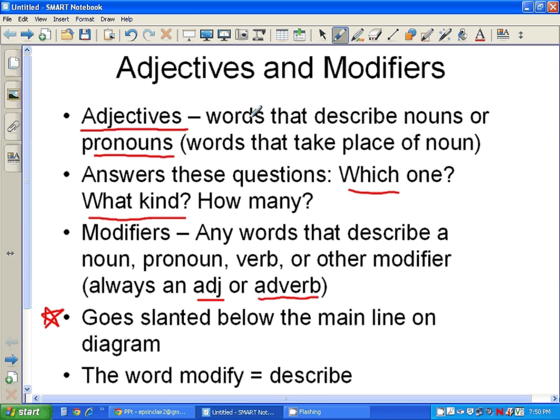And just to clarify, anytime I use the term modify, what I'm really saying is that it describes something. If you think about modifying a car, you're giving it another detail that can potentially make it more effective. So that's kind of how I think of it. To modify something is to add more detail to it.